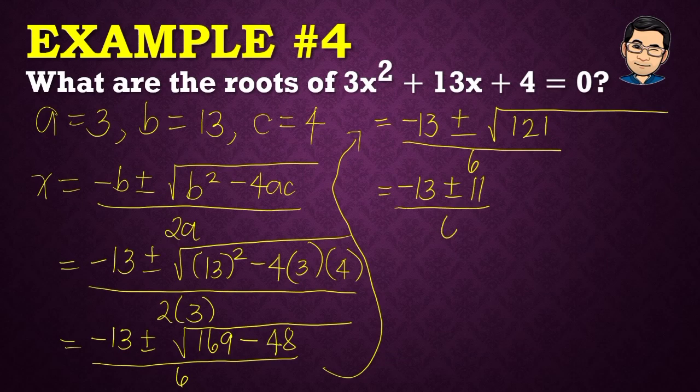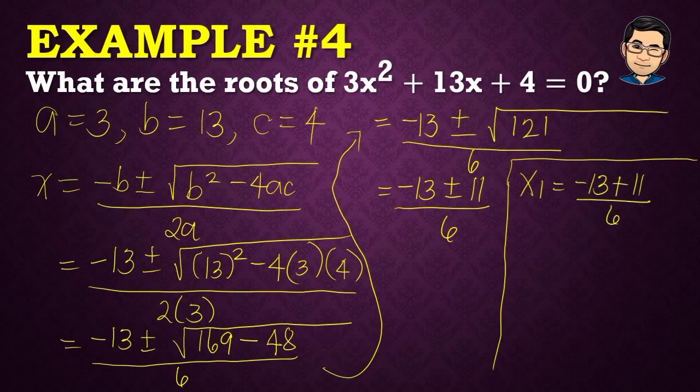All over 6. Now, let's have x sub 1. Negative 13 plus 11 all over 6. So, negative 13 plus 11, that is negative 2 over 6. Or, simplify. Don't forget to simplify. That is negative 1/3. So, say yung mga sagot natin, hindi sila considered correct unless nakasimplify.